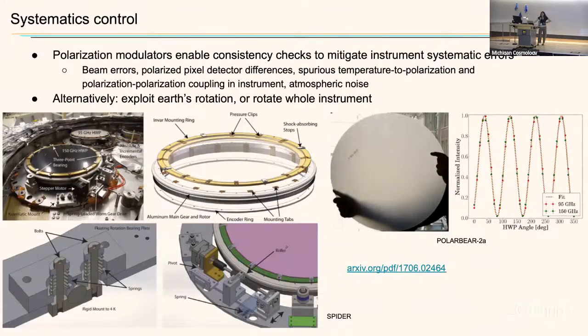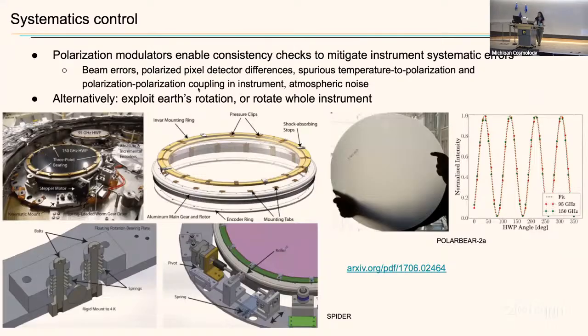Okay, pivoting to systematics control. There are a number of not detector-based, instrument-based modes of controlling for systematics that you can put in physically into your system before you have to deal with them analytically in your data.